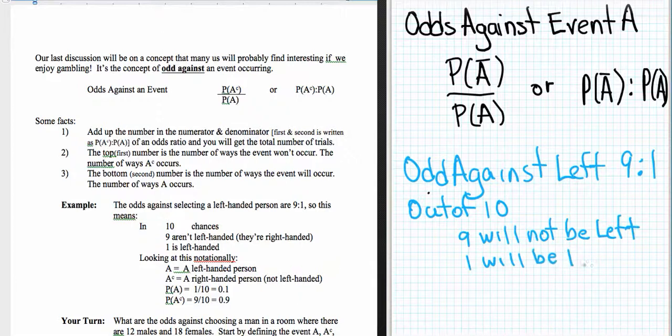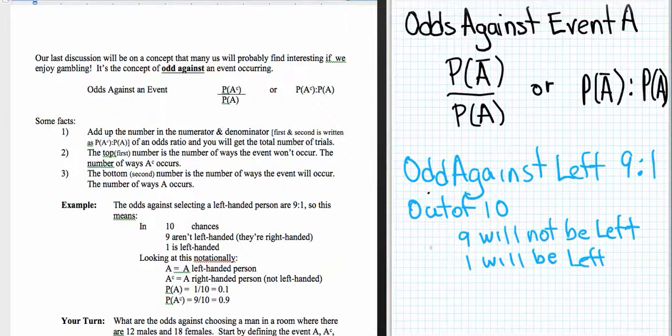And that, again, is exactly what we were talking about in these three things here, right? 9 plus 1 is saying that out of 10 people, and the top number being not left-handed, and the bottom being the left-handed people. So that's what these first three represent.